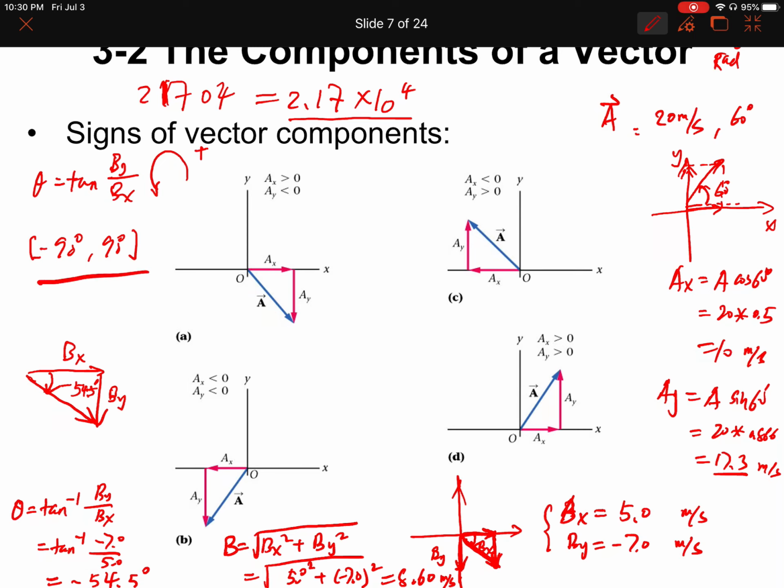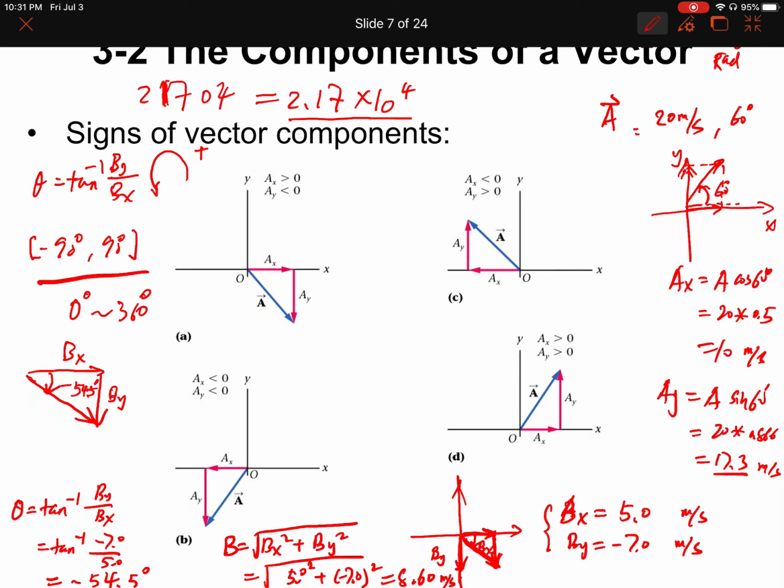However, if you use a counterclockwise rotation, your angle can be from 0 to 360. Okay, so that's your range. However, the inverse tangent function gave you this range, right? So how do you get the right one? The right one comes from this.